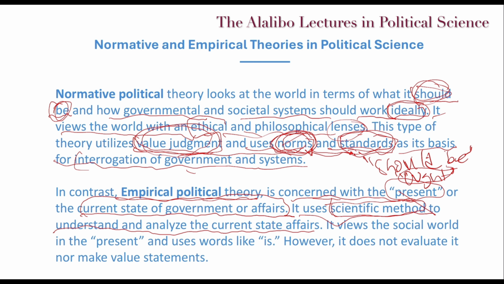Or maybe the opposite. We don't have good political institutions. They need to be strengthened. We need to have democratic principles. We need to have human rights entrenched and so forth. It doesn't matter, but it does analyze the current state of affairs. It views the world, the social world, in the present and uses words like is.